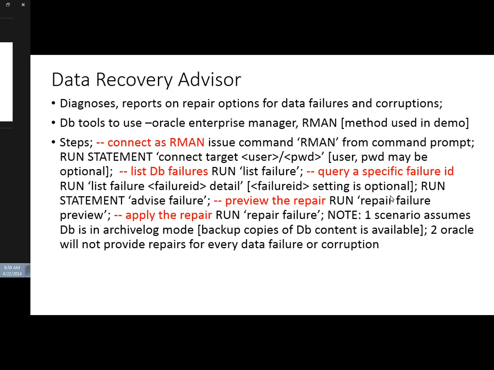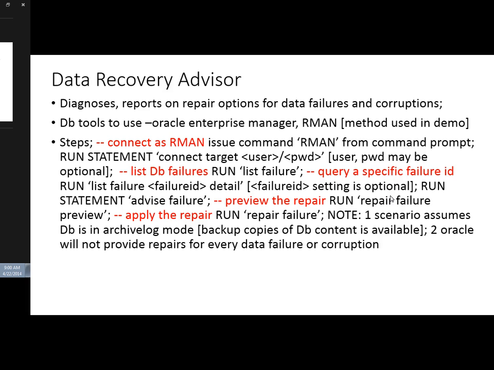Basically, you do that with repair failure preview, and that's going to give you a look at how the Data Recovery Advisor, while you're using RMAN, will go about fixing this error.